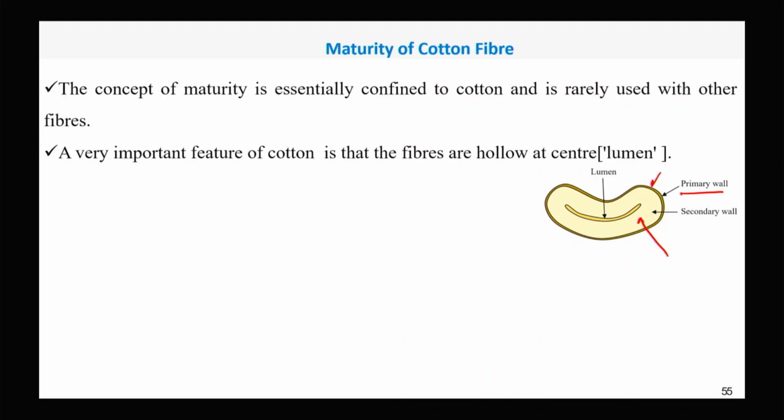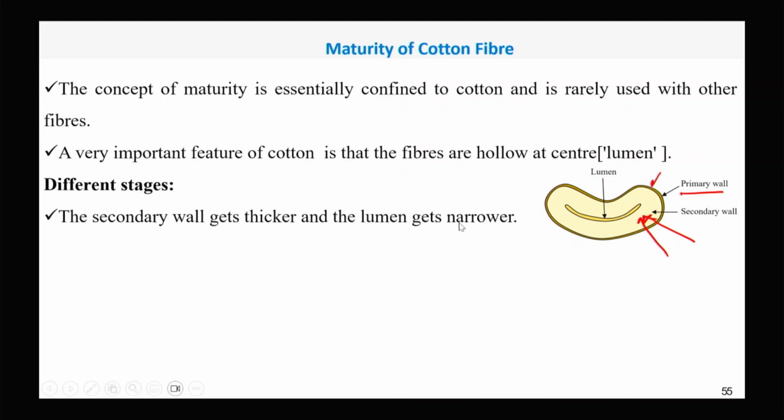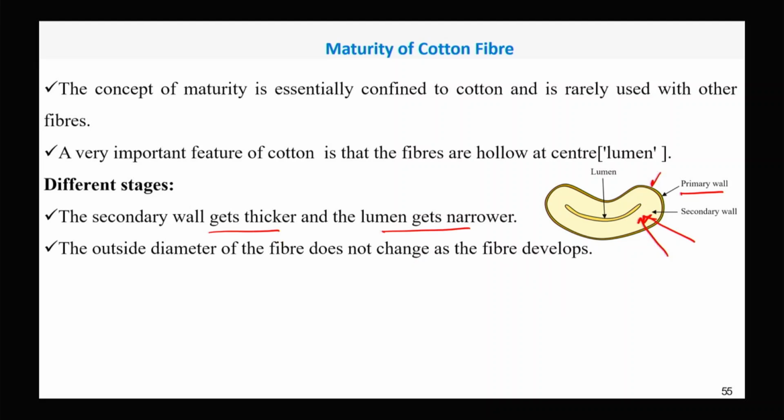During the growth, the thickness of the secondary wall increases and the area of the lumen gets reduced. So it gets thicker and the lumen gets narrower during the growth. The outside diameter of the fiber doesn't change during development. That means the perimeter doesn't change during the growth stage.